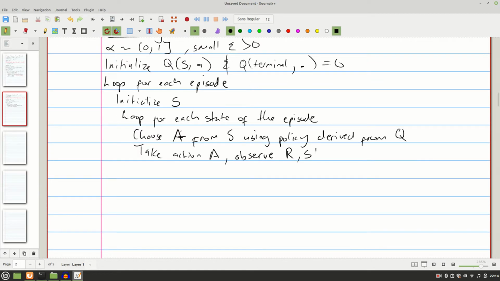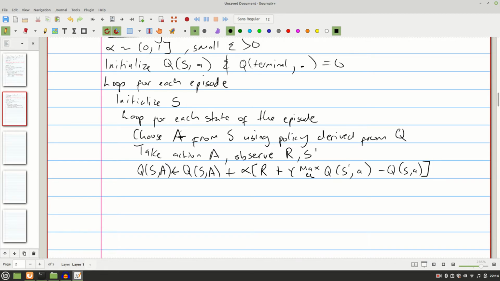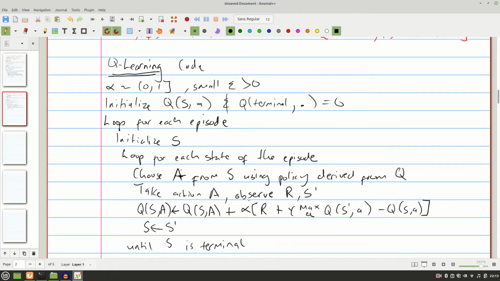So Q(S, A) is updated as Q(S, A) plus alpha times the reward we get, plus gamma times the maximum over all actions of Q(S prime, a), minus Q(S, A). Then we update S to become S prime, and we loop until S is terminal. So this is the entire Q-Learning algorithm in a nutshell.